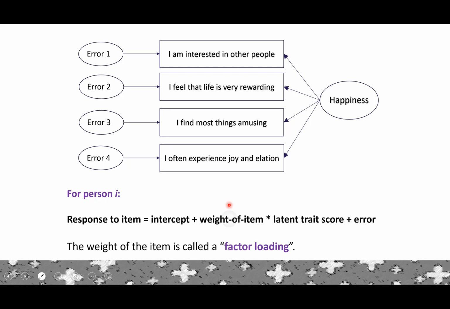This is quantified by the weight of the item, which would come here, plus the error. The weight of the item, which I was saying would be depicted as some kind of regression coefficient here, is known as the factor loading.